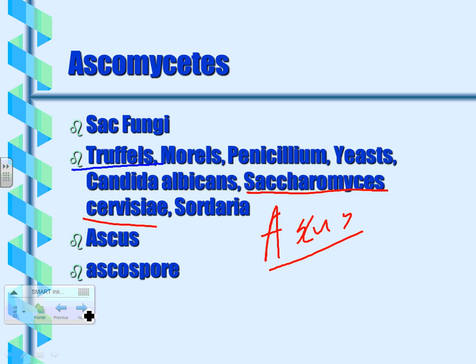It doesn't look very appetizing to me. And also penicillium, the fungus that makes penicillin, belongs in this group. I'm allergic to that. Am I allergic to everything? You're just allergic to one particular protein made by that fungus. Penicillin.